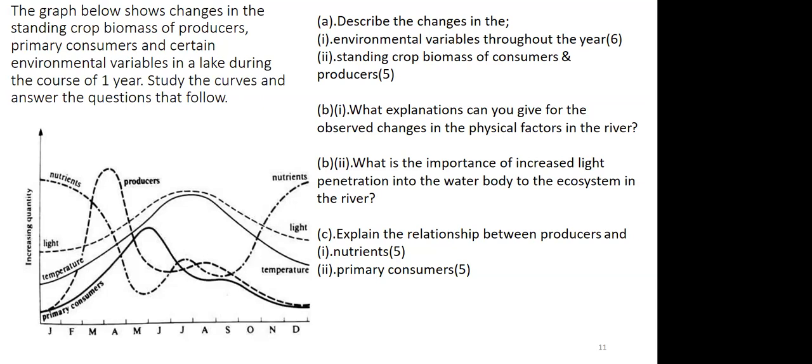And then from April to July, the light intensity, light quantity in the river increases to a peak.